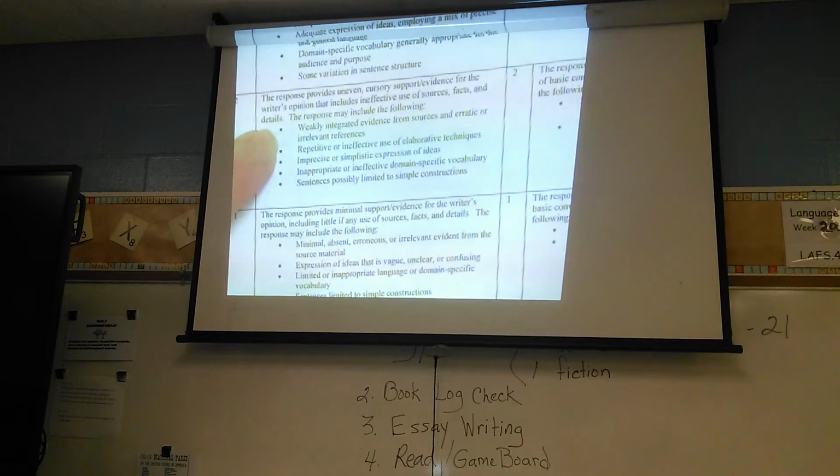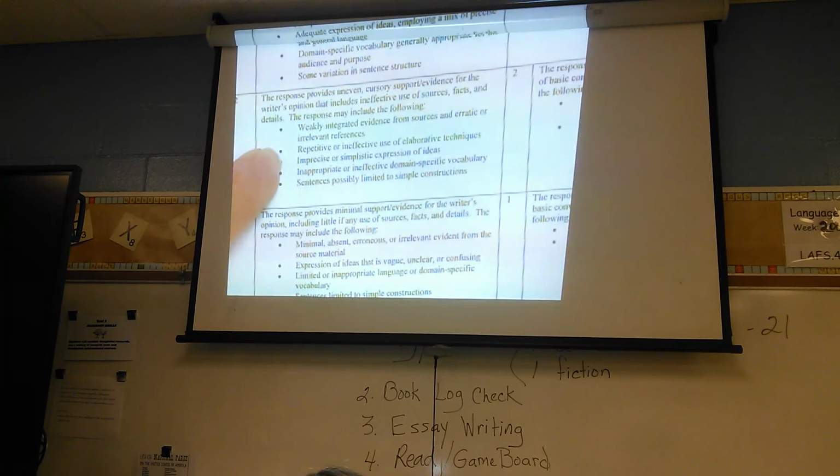Weakly integrated evidence from sources, erratic and irrelevant references, repetitive and ineffective use of elaborative techniques. So if you are in the habit of writing this shows in your paragraphs, that's going to be repetitive.